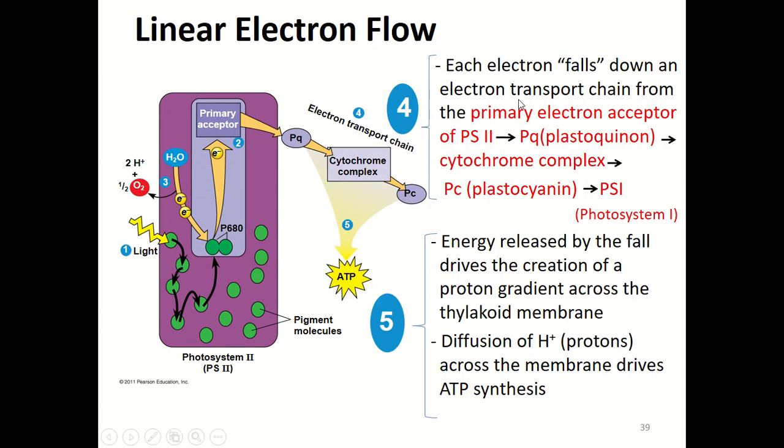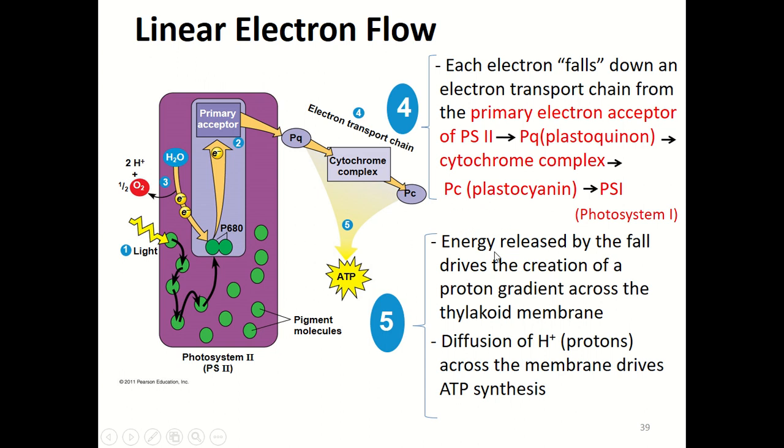And then number 4, each of the electrons in the primary electron acceptor will fall down the electron transport chain, exactly like during oxidative phosphorylation in cellular respiration. Okay, however, the protein complex that is involved is different. We start from the primary electron acceptor, goes to plastoquinone, to cytochrome complex, and then plastocyanin, and then it will go to photosystem 1. It does not show over here.